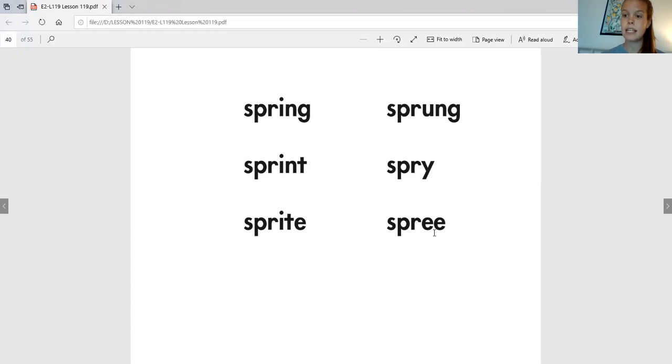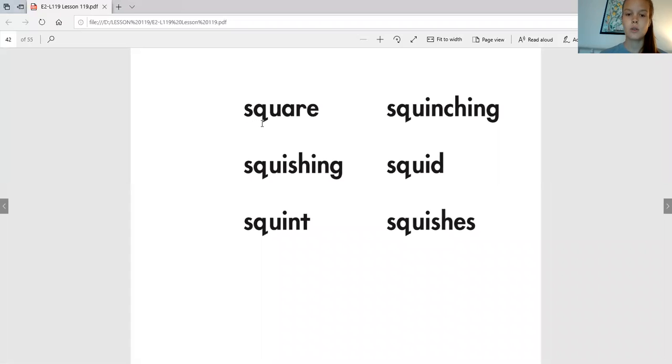So remember, our double E makes an E sound, so spree. Spray, spruce, sprang, sprig, sprain, springer. Good.